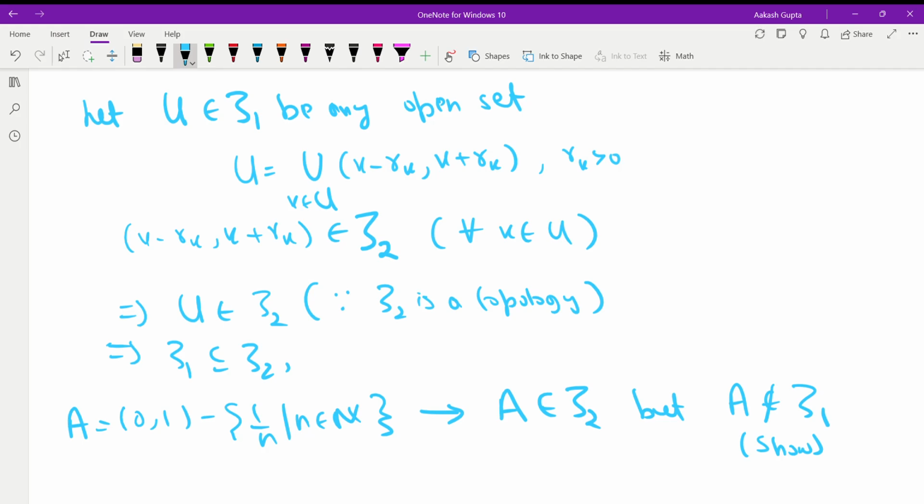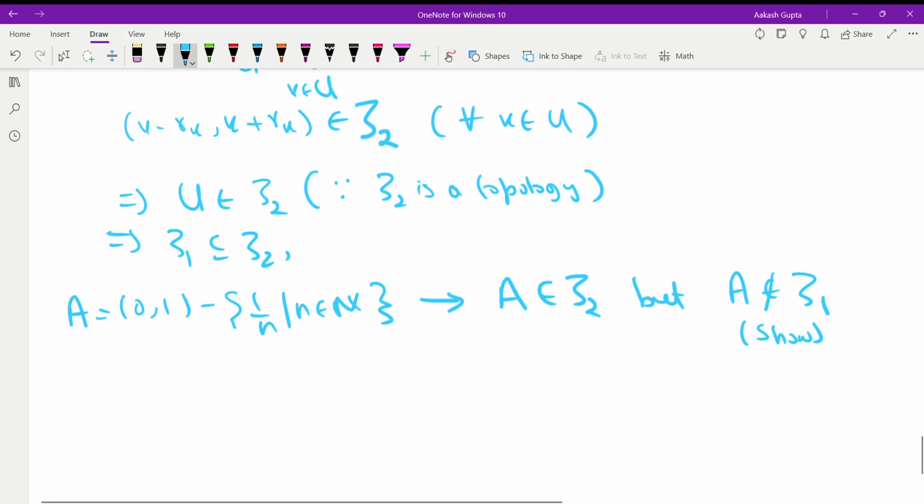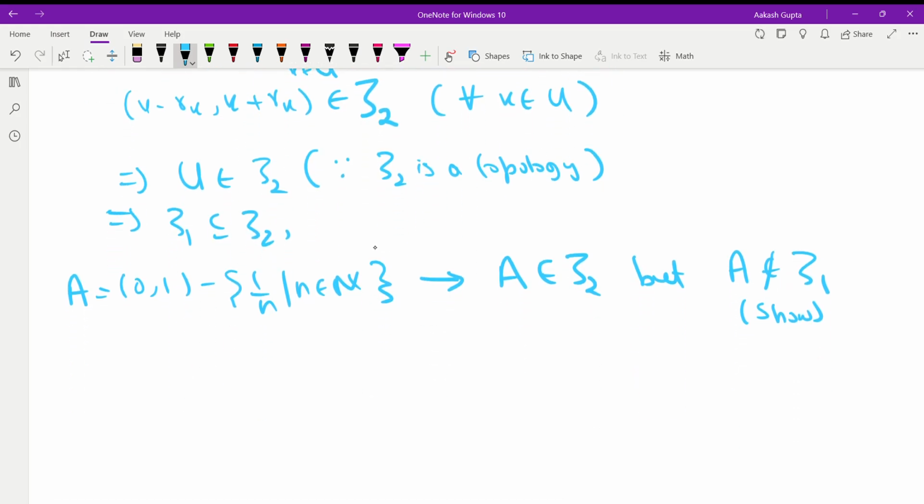Okay. So this can't be an open set. Or is it? Let us see. Let me think for a moment, because if this is, I need to produce some other example. So let us see if this is in tau 1 or not.